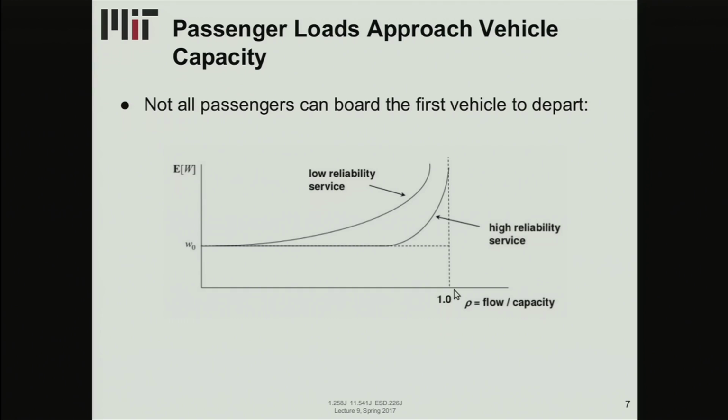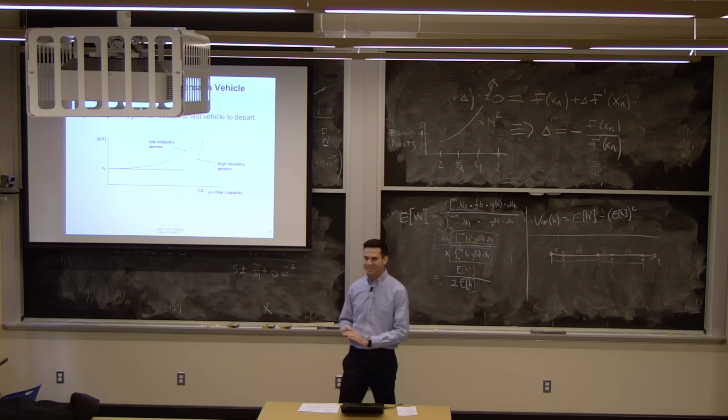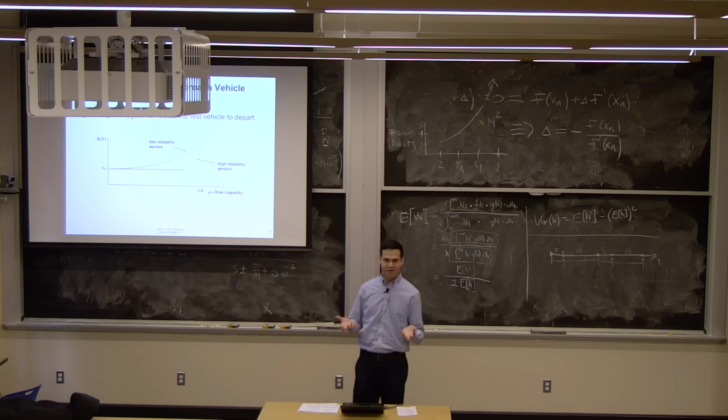If rho is 1, your capacity equals your demand, and what we see is that the expected waiting time for service will start to approach infinity. There's a term that we use in, say, queuing theory for such a system. Does anybody know it? We say that the system blows up when this happens. If you take any sort of queuing theory, you'll hear that.